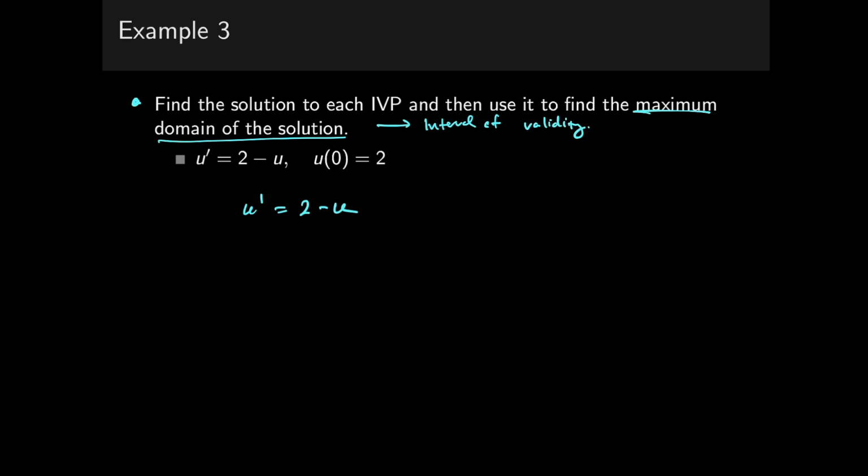So u prime equals 2 minus u with u of 0 equals 2. So I need the curve where this is my initial condition. And this is something that we haven't talked about quite enough, so this is going to be good. So you go ahead and solve this, right? This is separable.